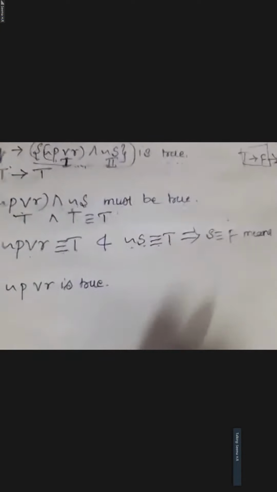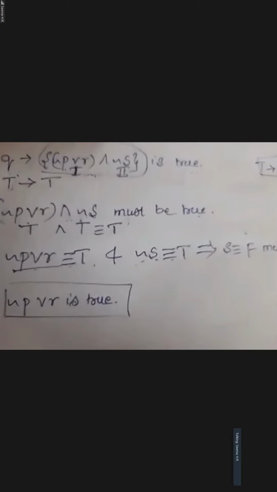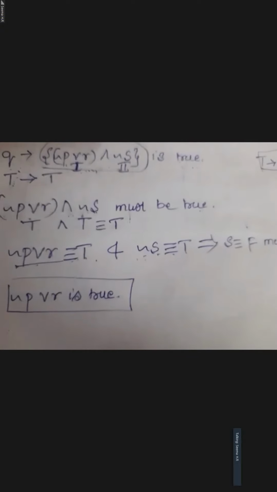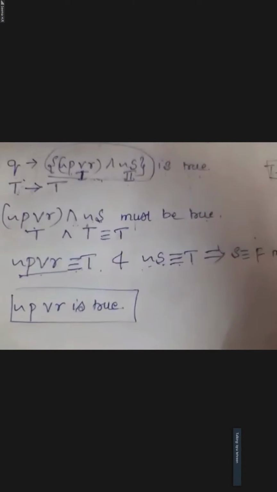Correct? Then now we came to this point. Negation of P∨R∨R is true. We are not able to tell whether it is true or false, because of the disjunction. Negation of S is true and S is false, no ma'am.